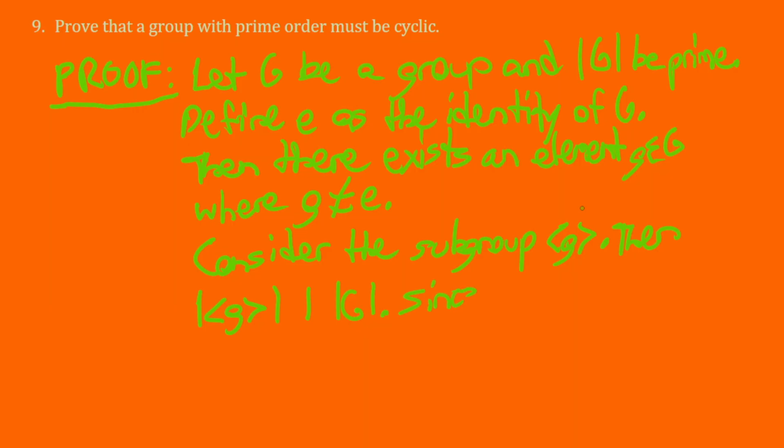So since g does not equal the identity element, the order of this cyclic group cannot be 1.